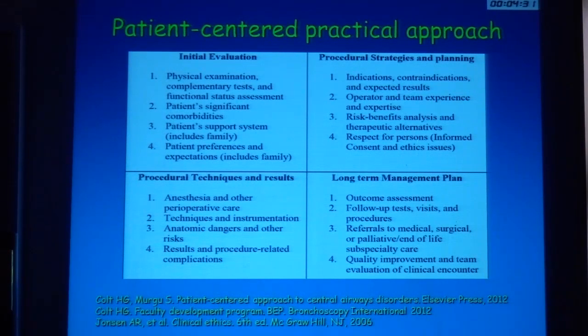If you don't know anatomy, don't dare to do bronchoscopy or interventional pulmonology. Results and procedure-related complications go into this box. And then long-term management plan, outcome assessment, follow-up tests, visits and procedures, referrals to the medical, surgical, and palliative end-of-life care subspecialty, and then quality improvement and team evaluation of clinical encounter.